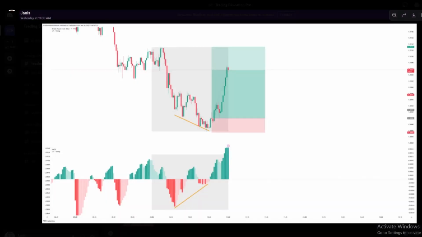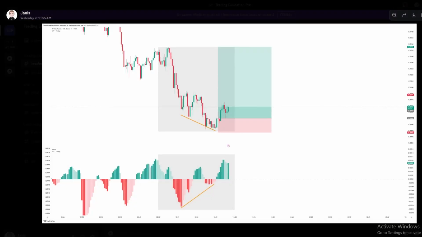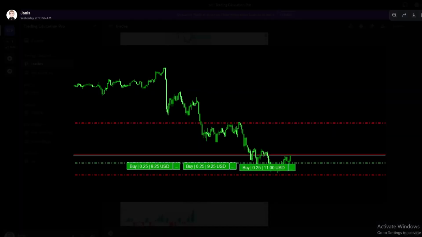Here is the trade that I took, the same one I was showing you in Tradingview. You can see on my MT4, this is when I entered. As I said, I was targeting these highs here, but I actually took it off manually around here.